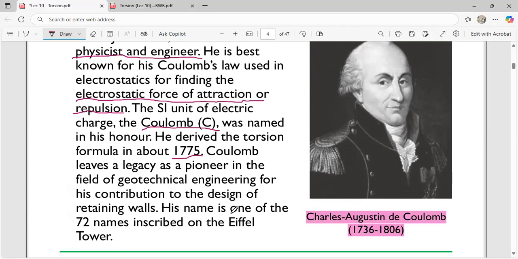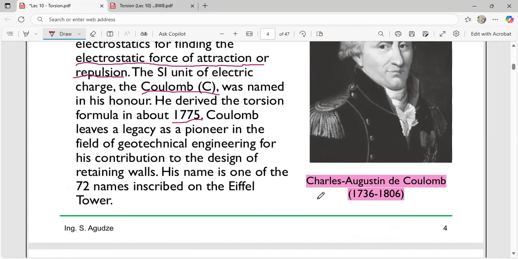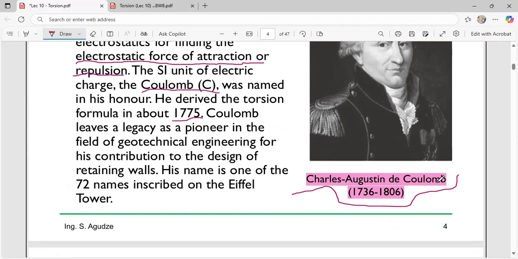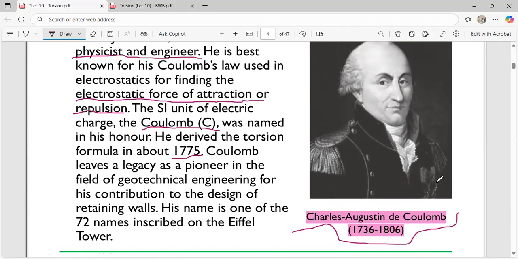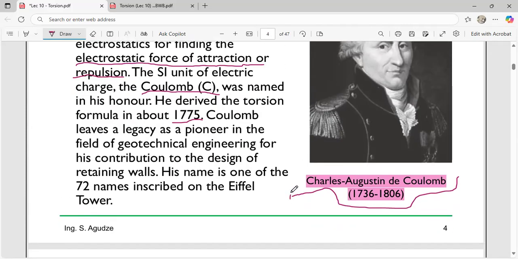His name is one of the 72 names described on the Eiffel Tower. Okay, so his name is Charles Augustin de Coulomb. I believe today at least we have all learned something. So it is good to learn physics and become a physicist so that in future you can be able to help others.